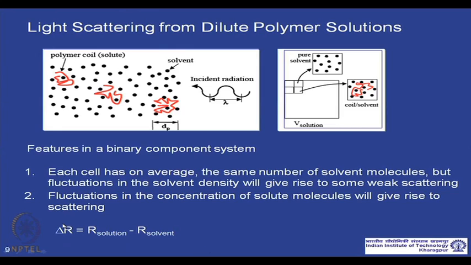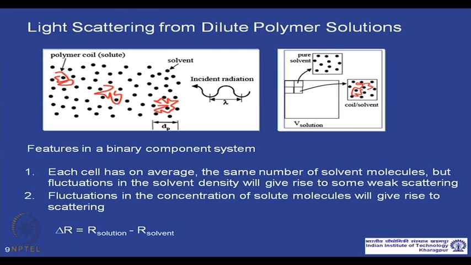So, to get information about the polymer molecules or the solute molecules, we deduct the scattering of the solvent from the scattering of the solution to get the excess scattering. We will explain the terms on the next page.